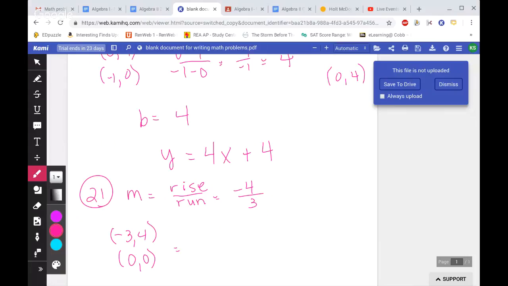If you're counting that way, you would have a -3 because you would be traveling left and a +4. But if you were counting from -3, 4 down to 0, 0, you would have a -4 and a +3. Because if I'm going to have a negative slope, it's going to be one of these two ways. Does that make sense? Yes.